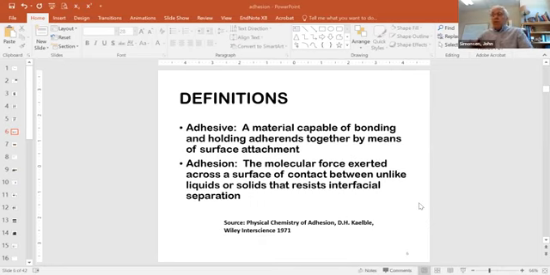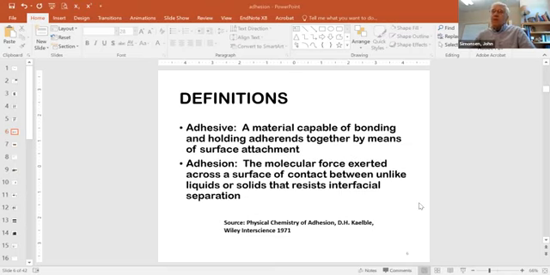So when I first started developing this lecture, I was looking for definitions of adhesive and adhesion. And if you look in the dictionary or online, it's not very helpful, because it will say an adhesive is something that causes adhesion. And if you look up adhesion, it'll say what adhesives do.